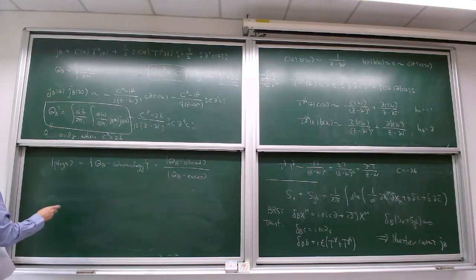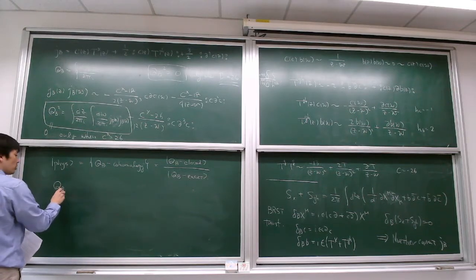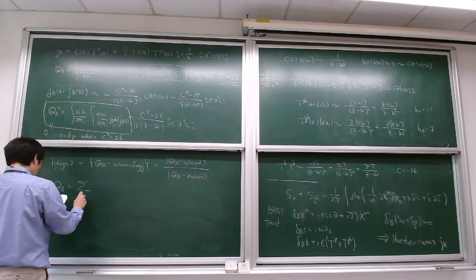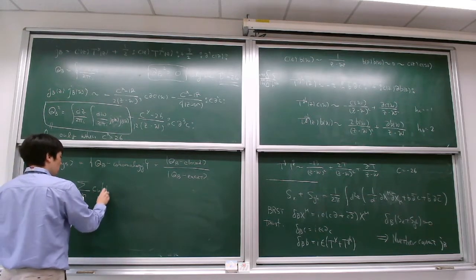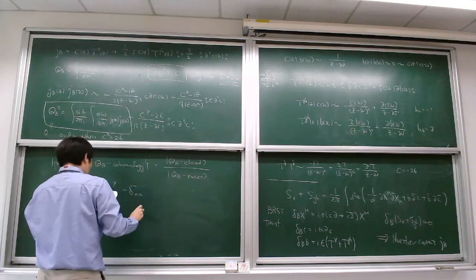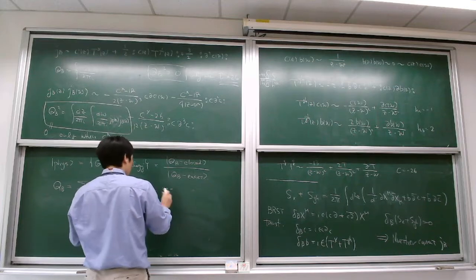Okay. And then one can do the mode expansion for Q_B. So it's important to have the mode expansion for Q_B. Which is also tedious, but one has to do it if you try to understand the BRST quantization. I don't know, to be honest, who did this tedious computation first.